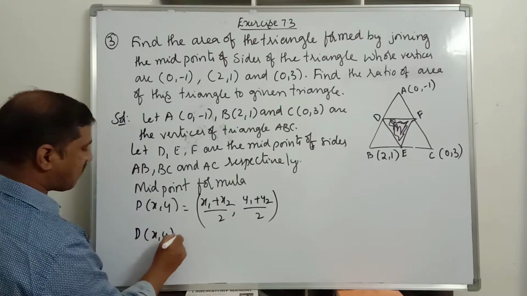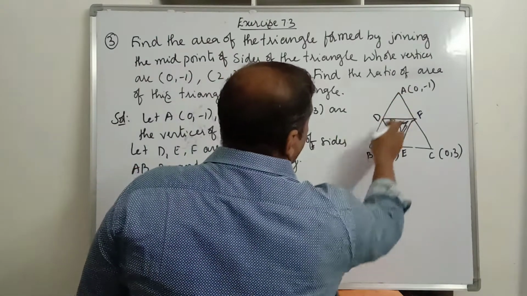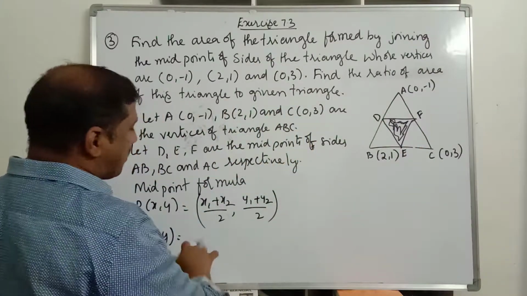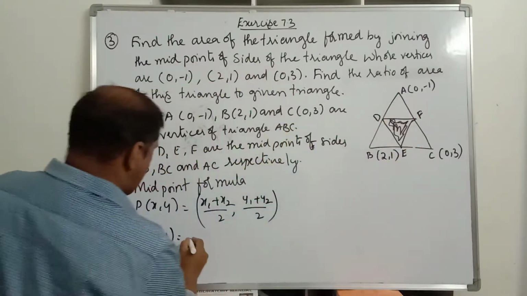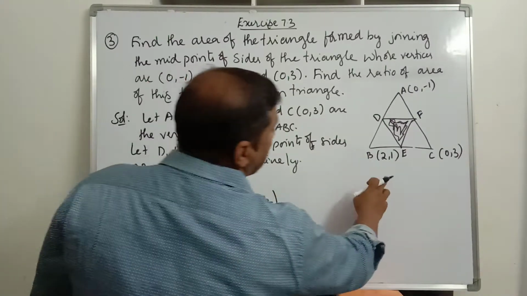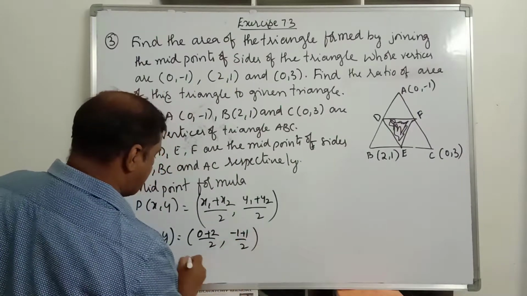D is the midpoint of AB. A is the first point, B is the second point. Therefore x1 plus x2 means 0 plus 2, divided by 2, and y1 plus y2 is -1 plus 1, by 2.